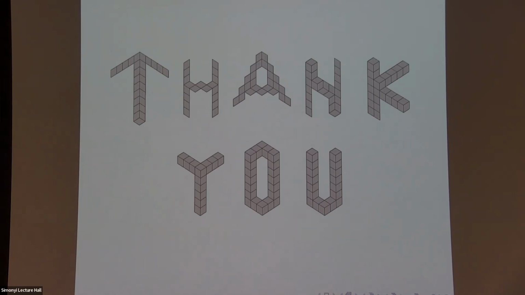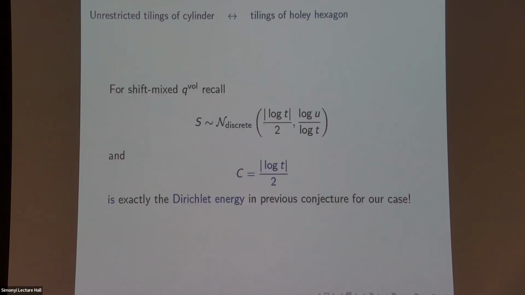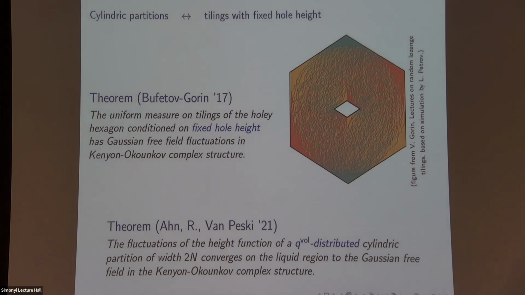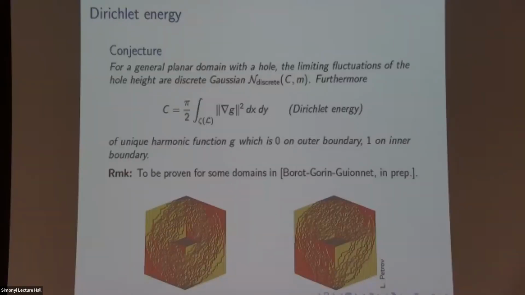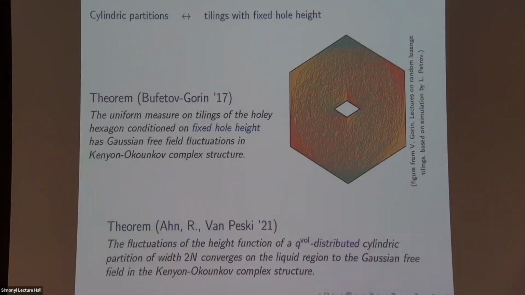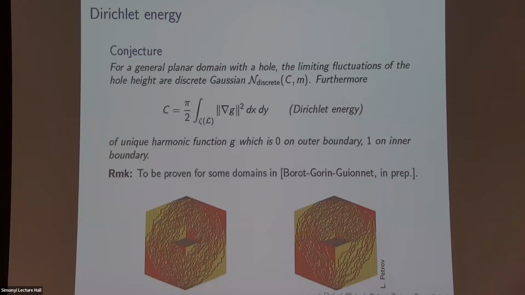You mentioned the random matrix connection. You say that this is involved. So I wonder what's the random matrix connection. Okay, yeah. Here I should emphasize that the methods and tools used in this setup to prove the results are completely different from ours for the cylinder, because in this case the Q to the volume measure, for example, is not a Schur process, so they use different methods.